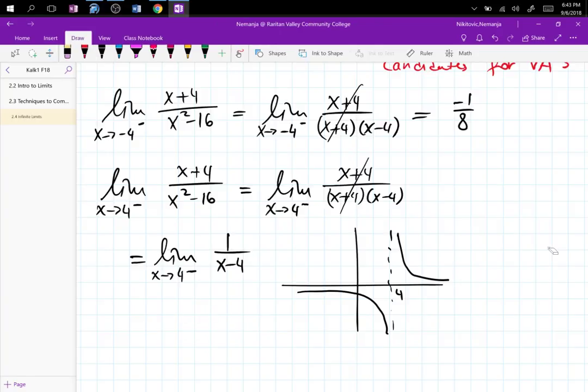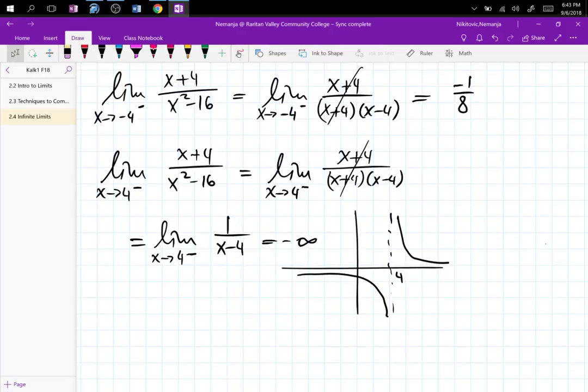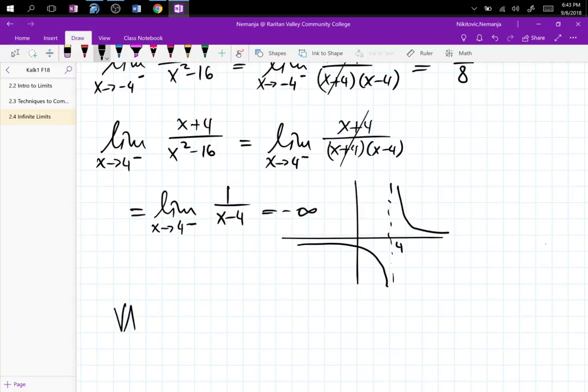And we see that the answer is negative infinity. Because the answer is negative infinity, 4 is the vertical asymptote. So we only have one vertical asymptote at x equals 4. x equals negative 4 is not a vertical asymptote in this case. So I have a vertical asymptote at x equals 4.